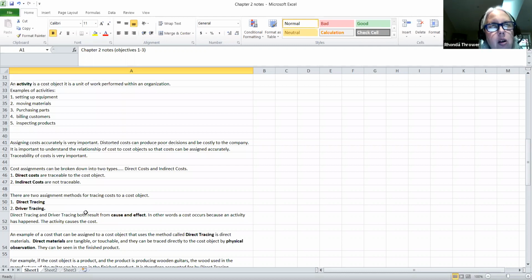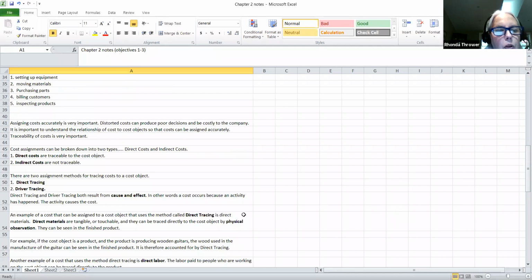In other words, a cost is going to occur because an activity has happened. That activity is going to cause the cost. And we call these direct tracing and driver tracing results of cause and effect.